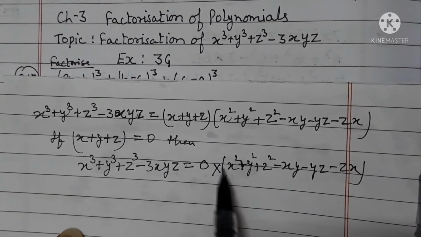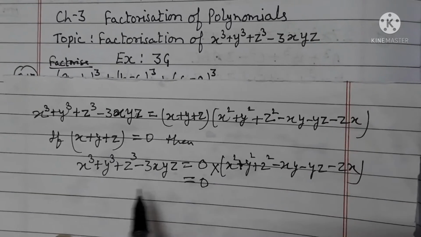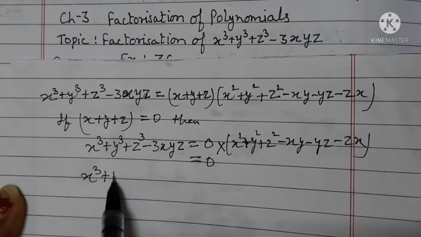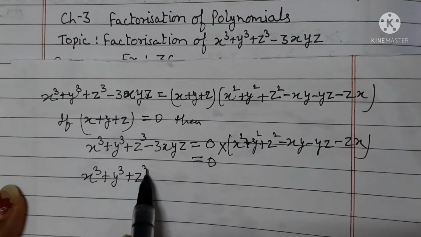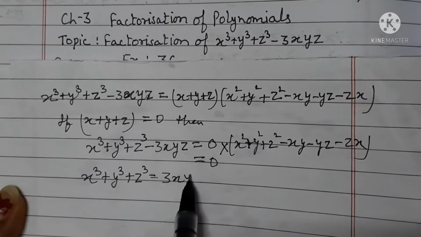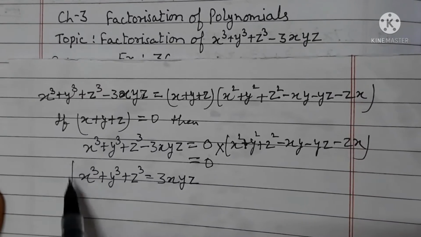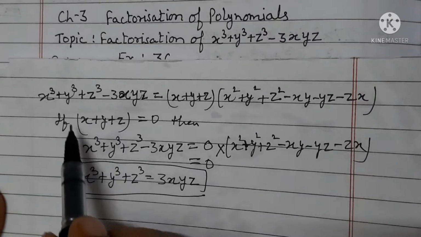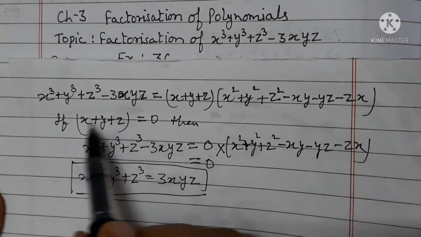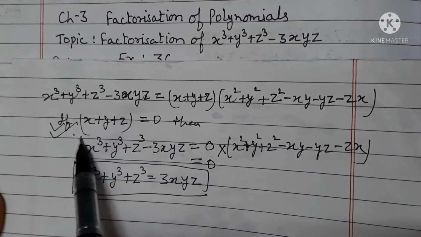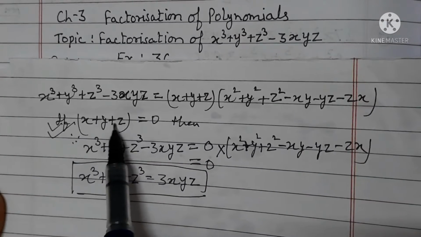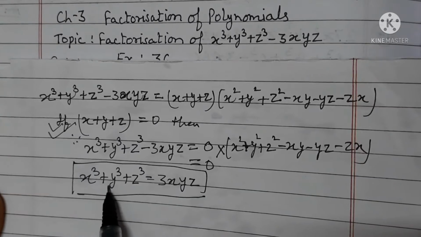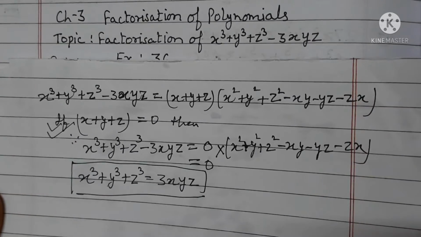It means 0 into something is equal to 0. So you will get x cube plus y cube plus z cube is equal to 3xyz. Very simple. It means if x plus y plus z is equal to 0, we will use this concept: then x cube plus y cube plus z cube is equal to 3xyz.